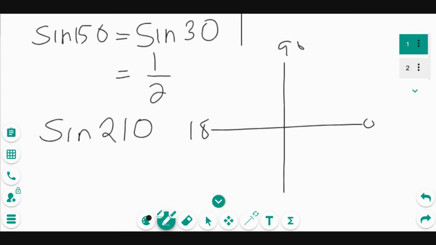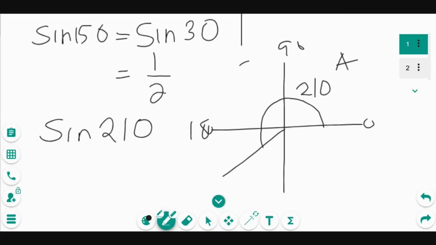It's beyond even 180. It's beyond 180 by 30 degrees. If you take 210 minus 180, we get 30. So we are dealing with another 30. Meaning I'm going to move up to 180, then I add on 30. This is my 210 degrees.